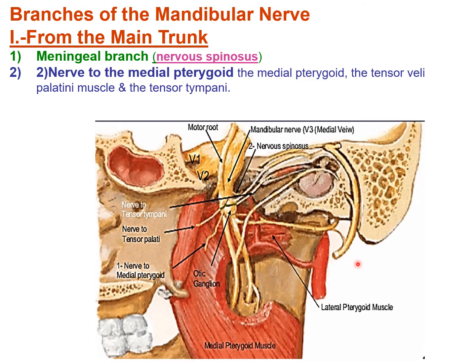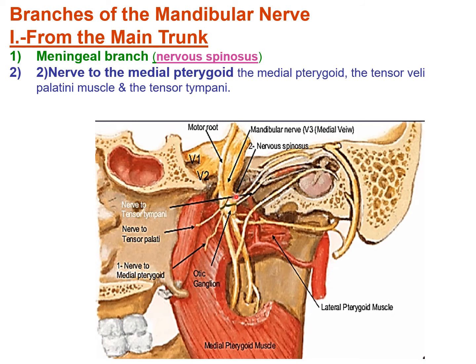Now we will be discussing the branches of mandibular nerve in detail. So if we see here, this is the sensory root, this is the motor root, joining together, coming out from the foramen ovale to enter the infratemporal region. This is the trunk of mandibular nerve, which is giving two nerves, that is nerve to medial pterygoid and also nervus spinosus.